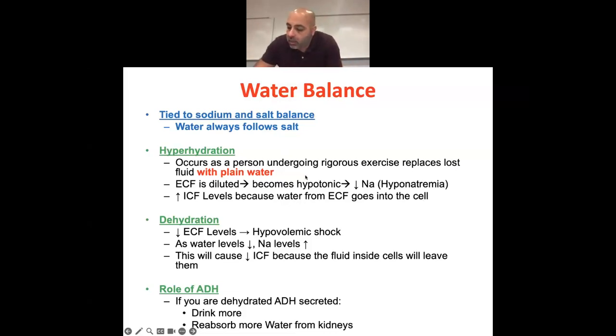All right? So when we talk about hyperhydration, they're either consuming too much plain water, just too much water in general, and so we start to dilute it. It's a hypotonic solution, so the water follows the solute, so it goes into the cells. The cells swell. You have edema. This is where we see what's called pitting edema.